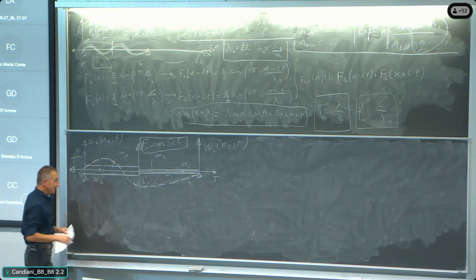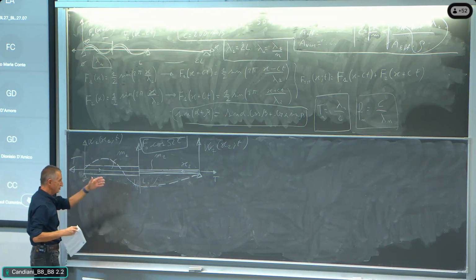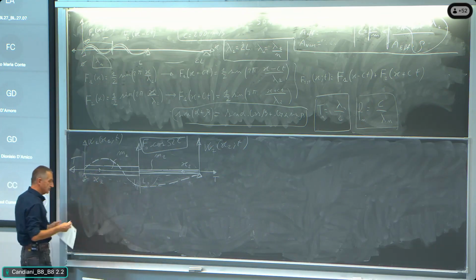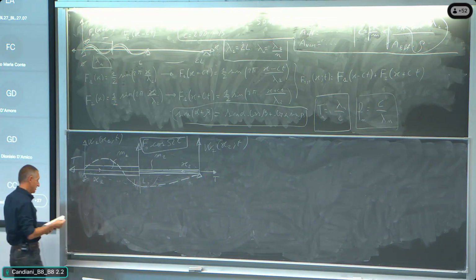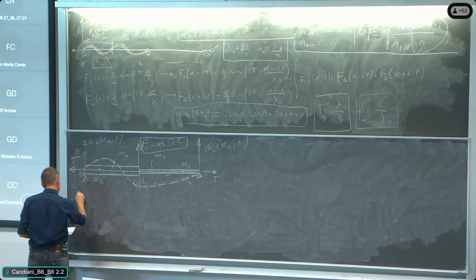All right, well, the two objects are the two tensioned cables, so they are obliged to satisfy the partial differential equation, and so we are writing the two partial differential equations.